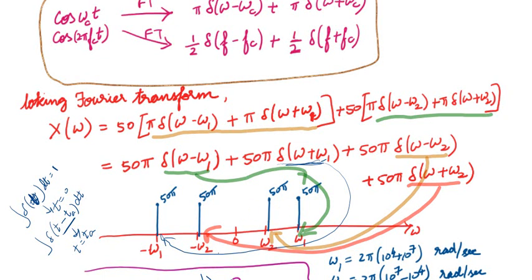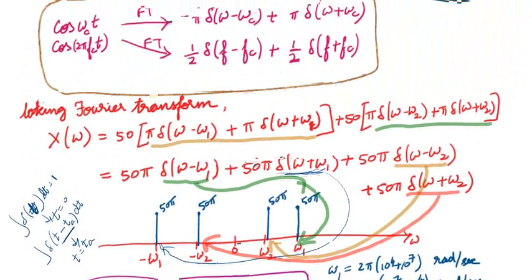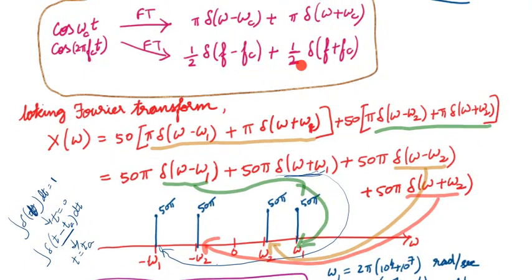Now we can also represent things in the form of f. If you are writing in the form of f, you should use this relation. For easy understanding, it is nearly the same. We can replace omega with f, provided that if you have a delta term, you divide the amplitude by 2 pi.